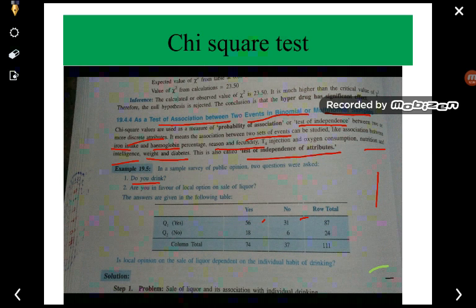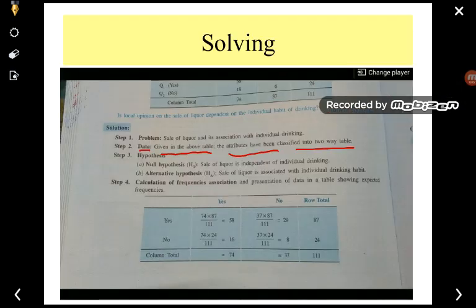This question asks whether there should be a certain local option for the sale of liquor. 18 people say yes, there should be a local option for the sale of liquor, and 6 people say no. So we are given two attributes, and according to that we have to calculate. The data given in the above table is that the attributes have been classified into a two-way table.